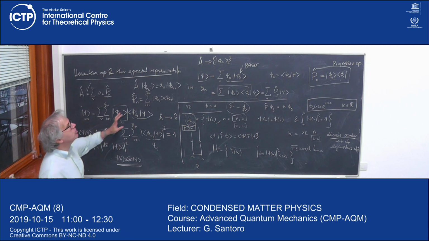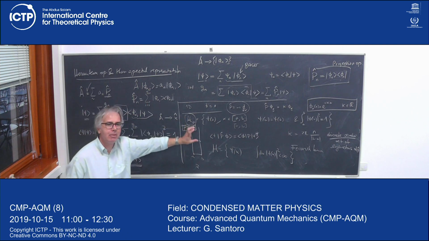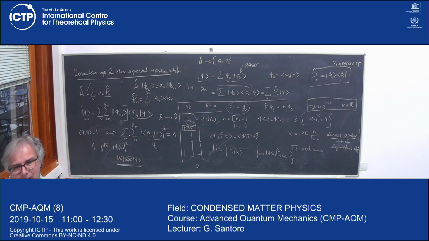So when I told you to be careful about the spectral theorem in the infinite dimensional case, I was alluding to possible situations like this. An operator that is formally Hermitian, but somehow the eigenvectors do not belong, strictly speaking, to the space you are considering. So just think of such small, annoying cases.